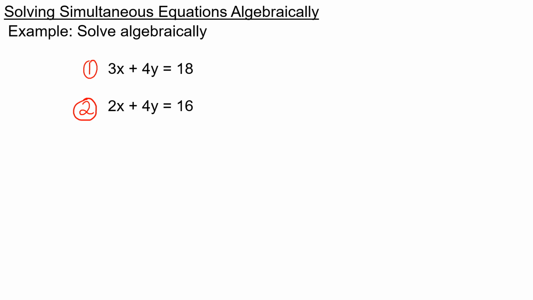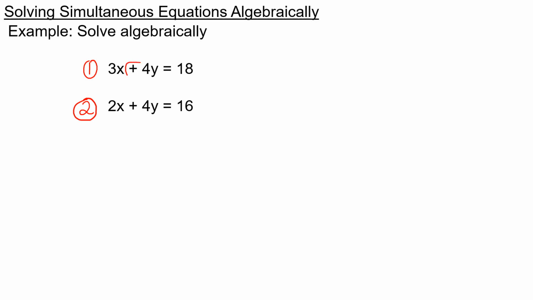We know how to solve equations where there's one variable, so the idea is to get rid of one of the letters, one of the variables. So what I can do is look at the coefficients of my variables. I have 3x in my first equation, 2x in my second, 4y in my first equation, and 4y in my second.